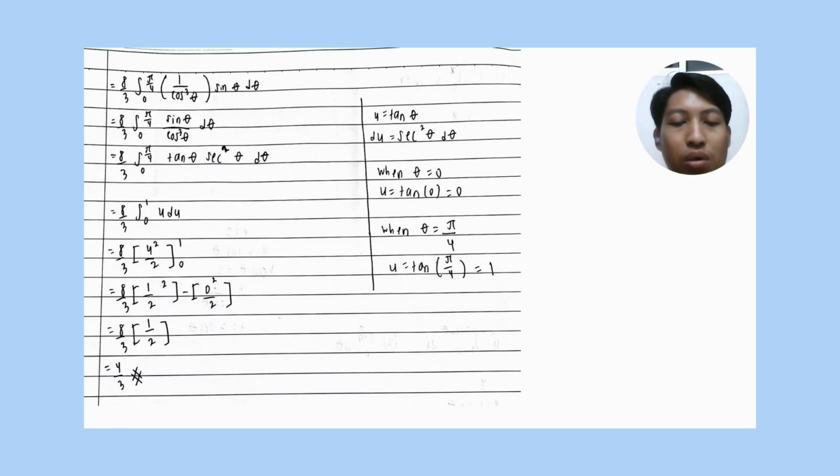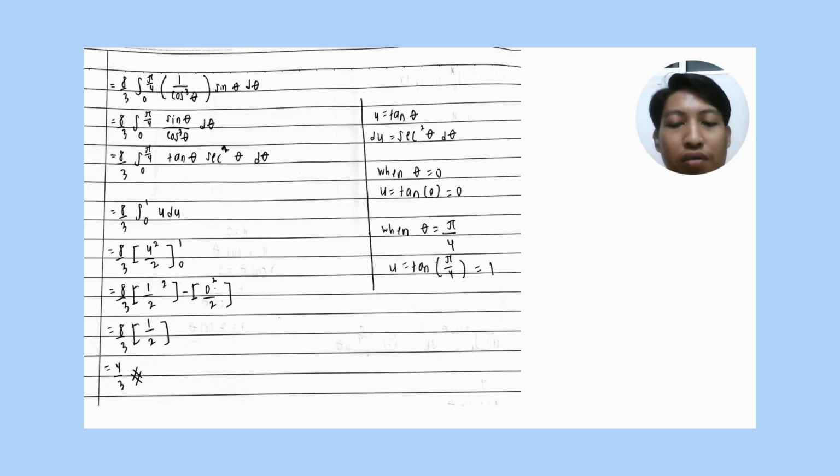Let u equal tangent theta, meaning du equals secant squared theta d theta. Changing our integration limits based on u, theta equal to 0 becomes u equal 0 and theta equal pi over 4 becomes u equal 1.